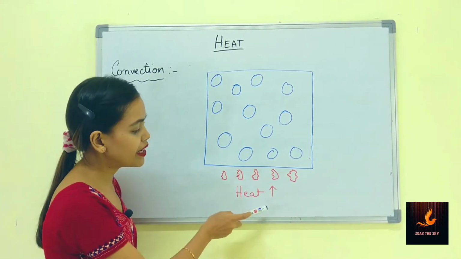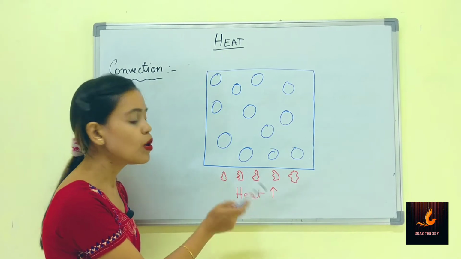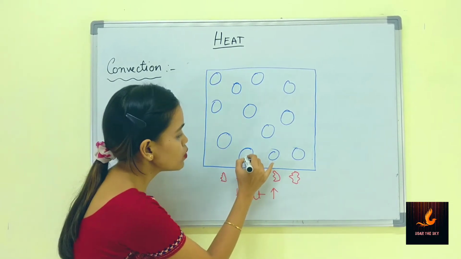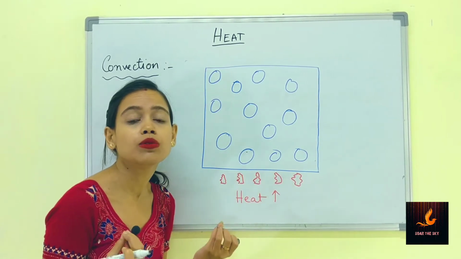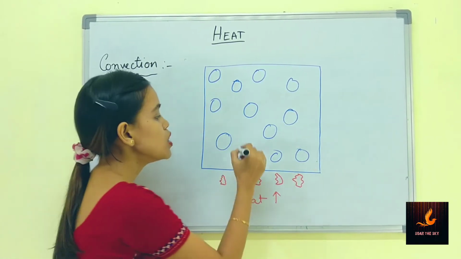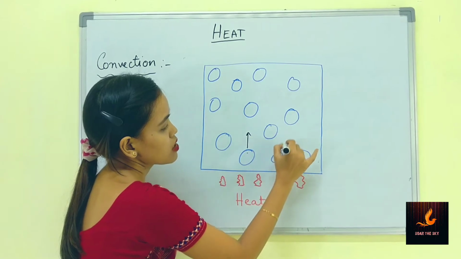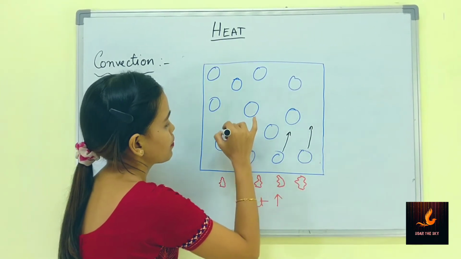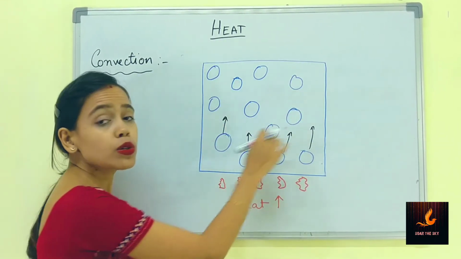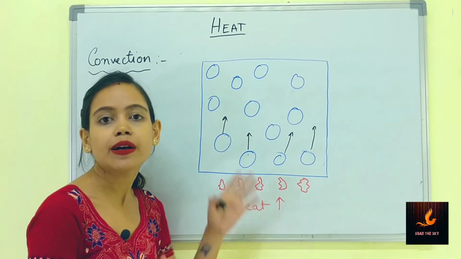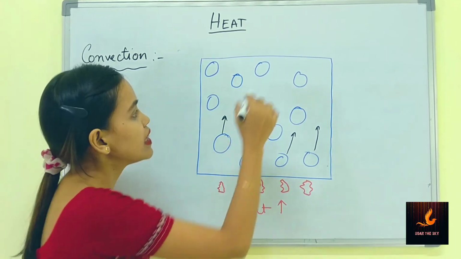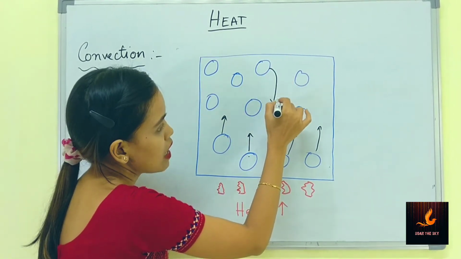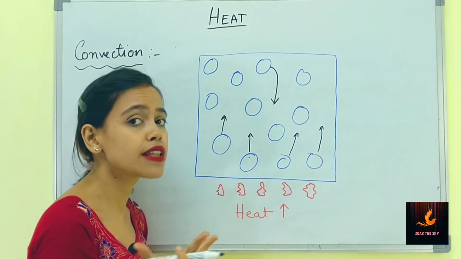Say for example, if we heat it up at the bottom, the molecules which are at the lower part become very light when they receive the heat energy. So lighter molecules start floating upwards. And the molecules which are at the top are comparatively colder. So they in turn come down, they are heavier as well since they are colder.